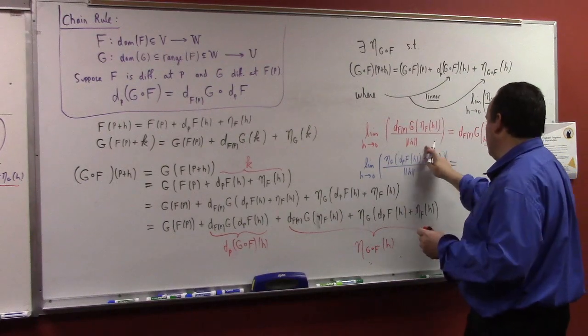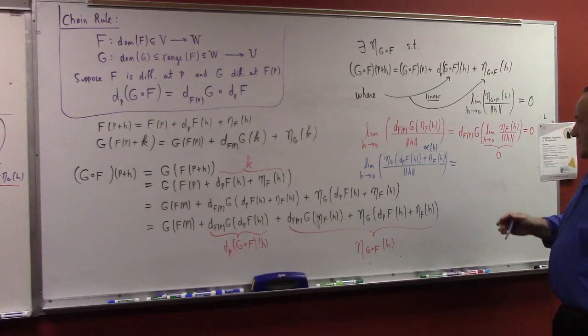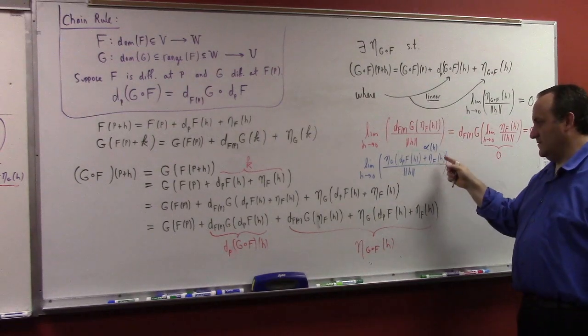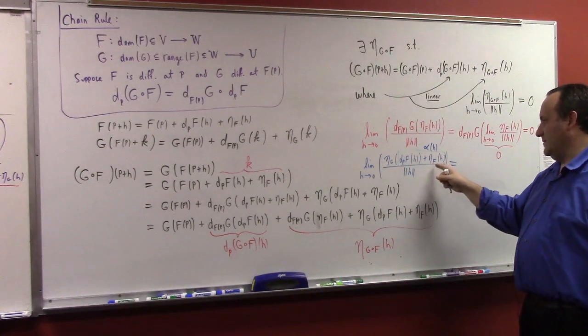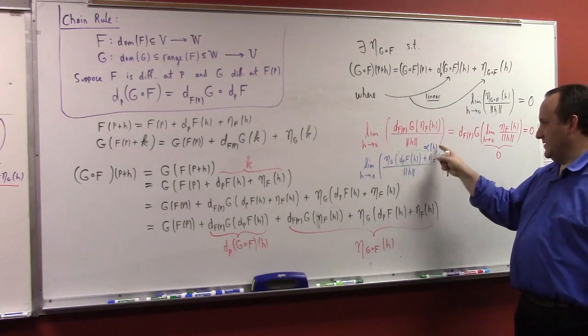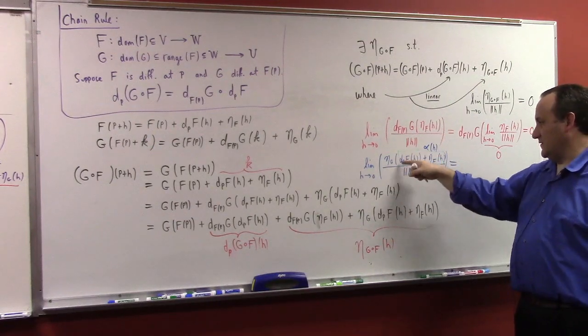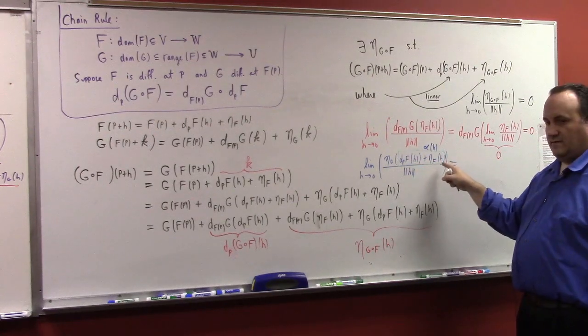What happens to alpha of h here? Well, as h goes to 0, the error goes to 0. So that goes to that exactly, the limit of a, we're taking as h goes to 0, this is going to 0, and this is also going to 0, so it's all going to 0, right?